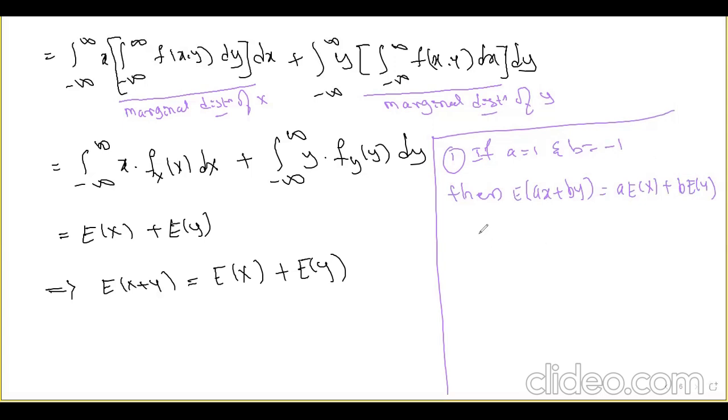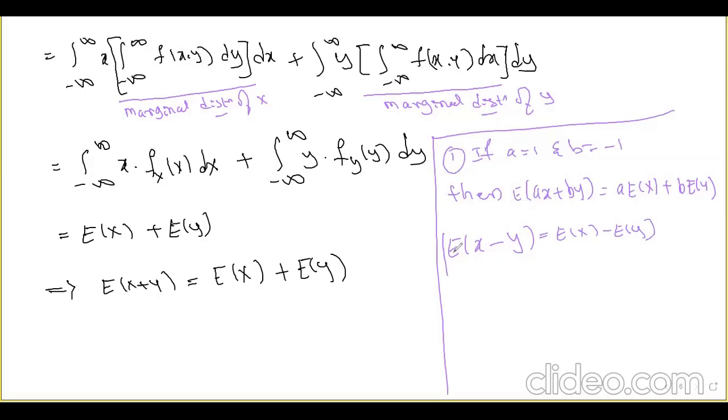Now put a equal to 1 and b equal to -1, that is x minus y. So this will be expected value of x minus expected value of y.